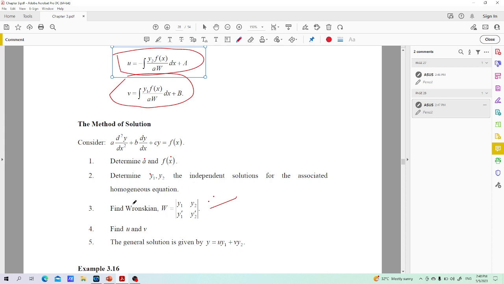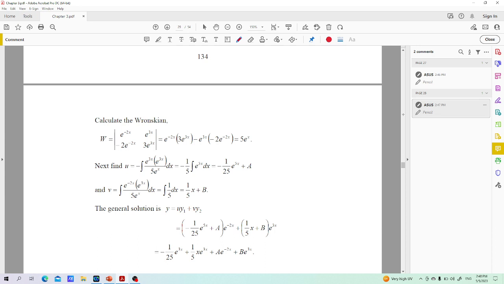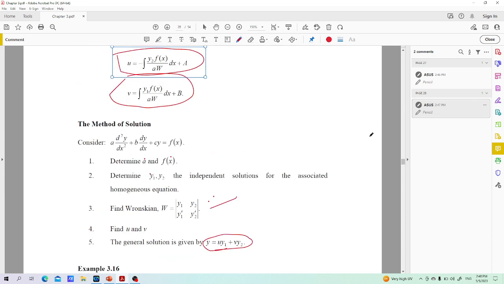Then find the Wronskian W by using this formula, and then find the functions u and v by integrating this function. And then we use this formula to find the general solution.